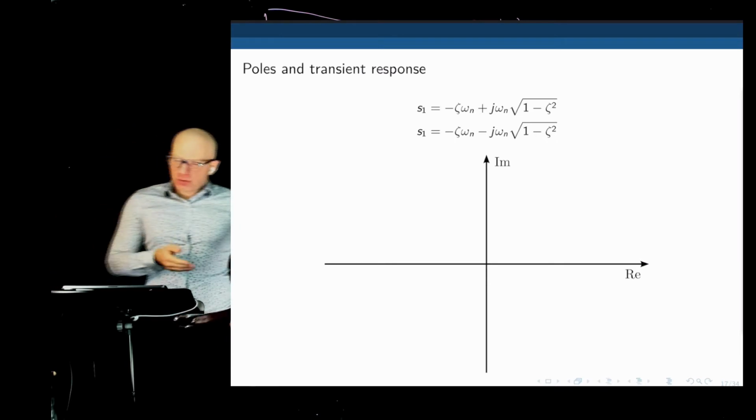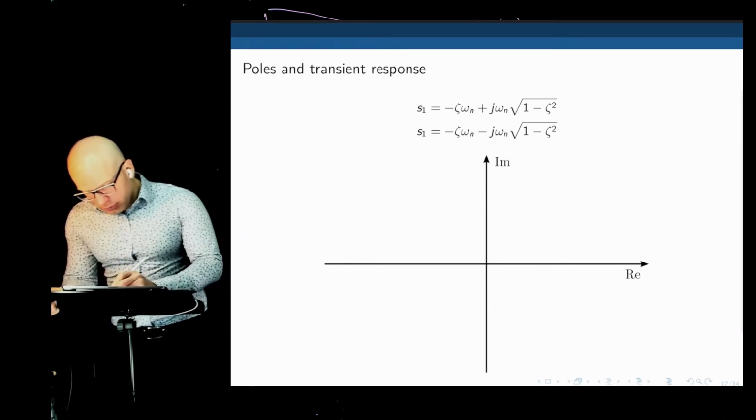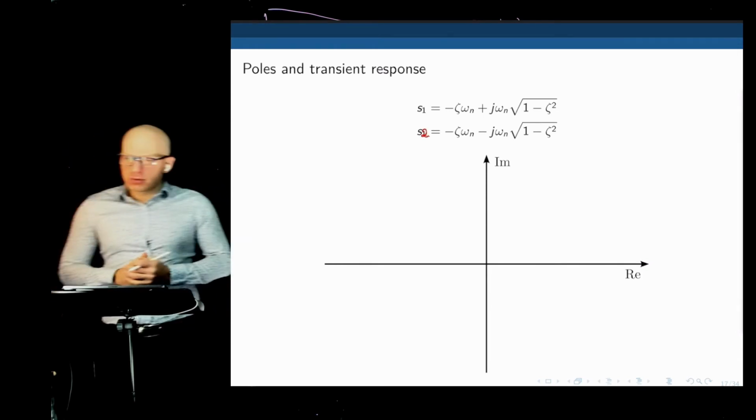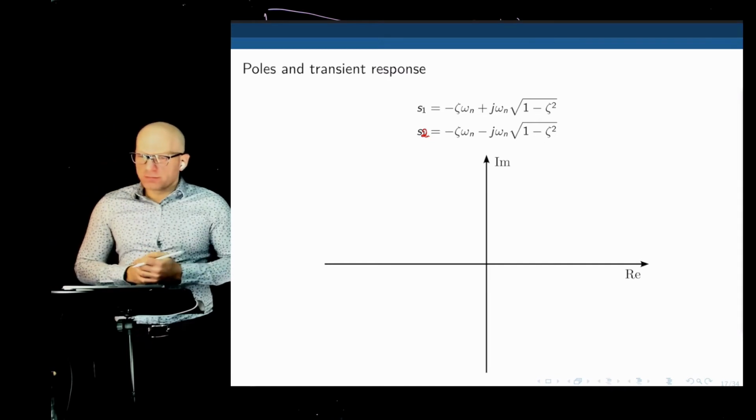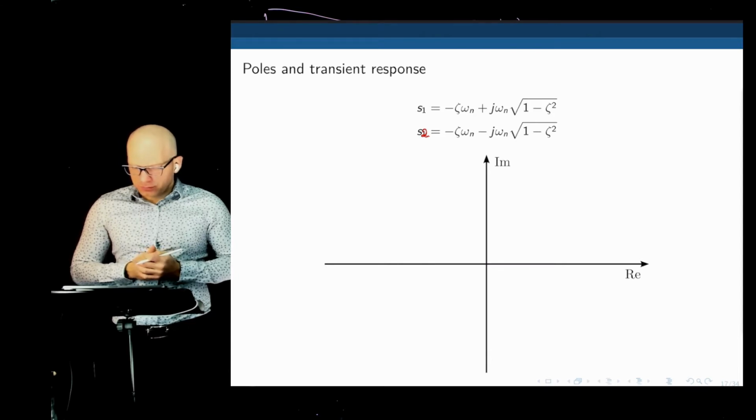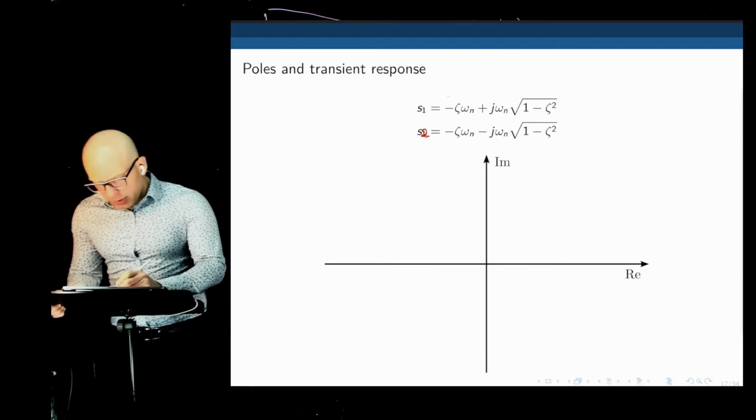Here we have the poles of a second order transfer function. This would be S2. Each of these poles has a real and an imaginary component. They have a real part here, and they have an imaginary component there.